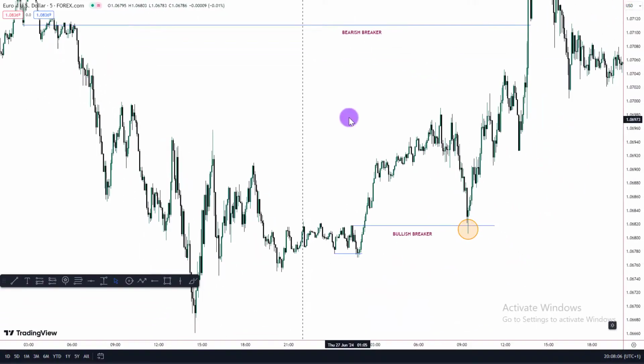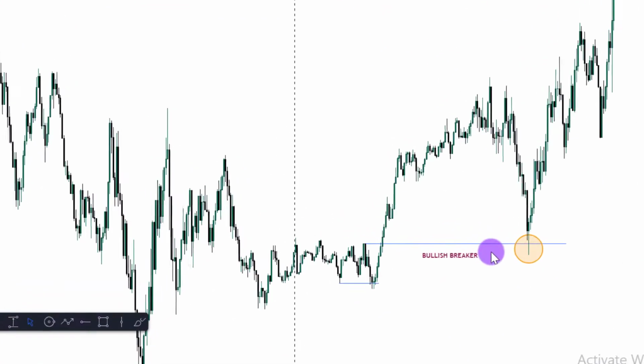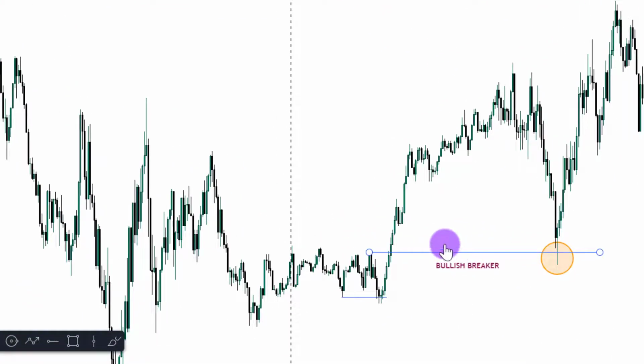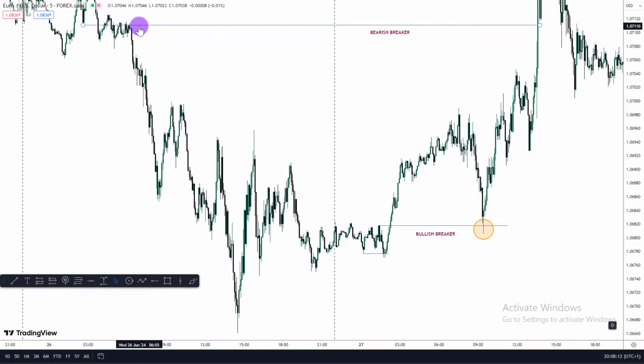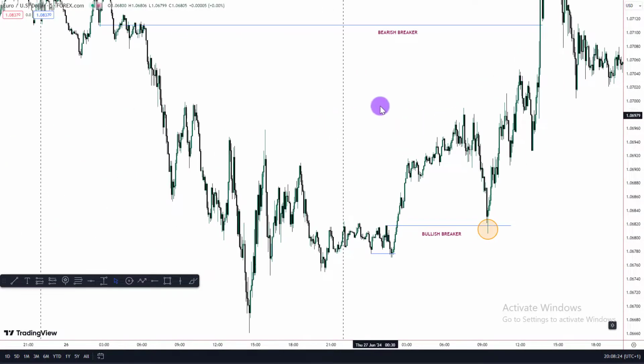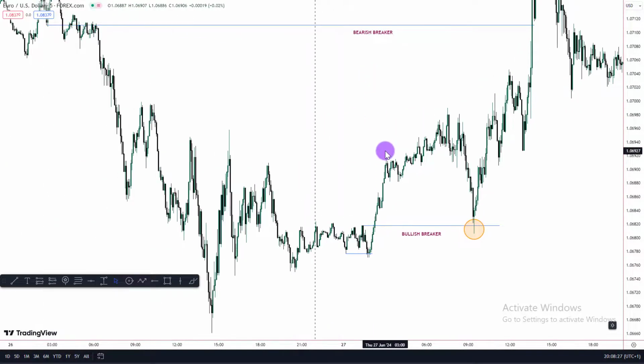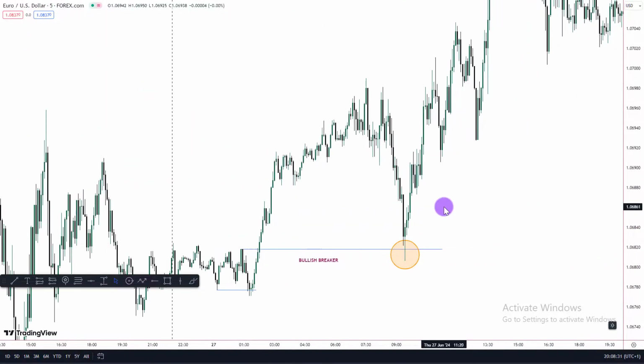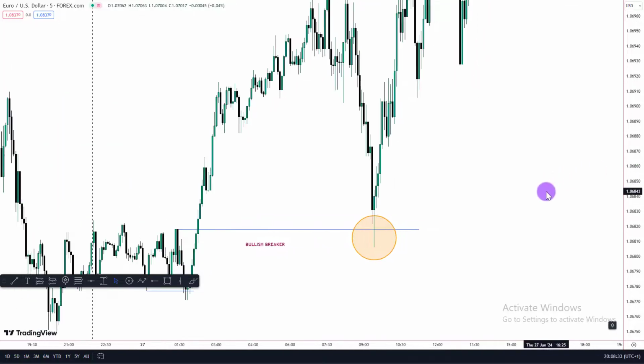What am I going to do? I'm simply going to put up my limit orders at the high of that bullish breaker with my take profit above that high at the opposing breaker. You can see there is a lot of drawn liquidity in between these two, the old high here, the relative equal highs, and ultimately the bearish breaker. To add more confluences, what you will do is look for fair value gaps around the bullish breaker or other blocks.